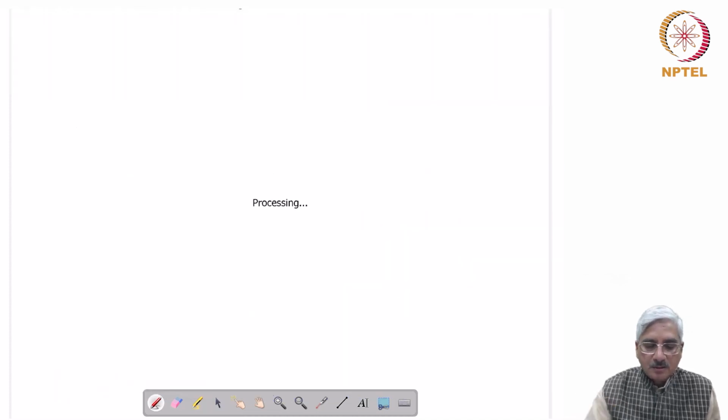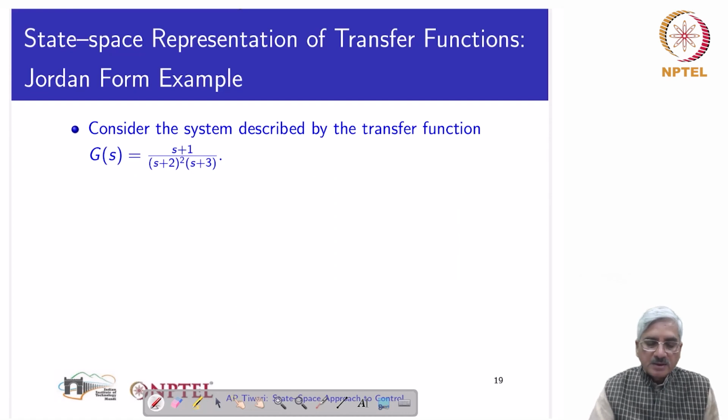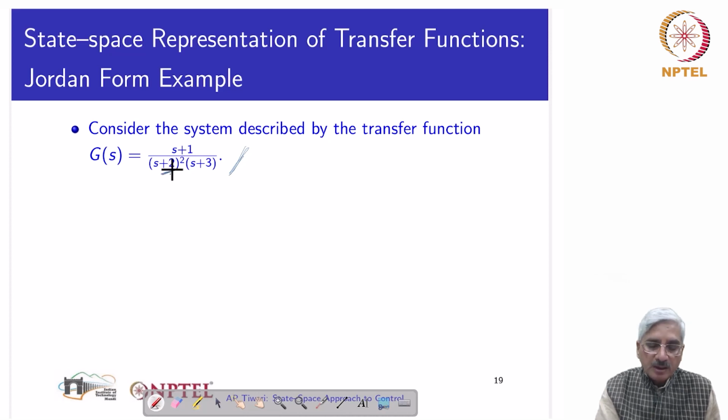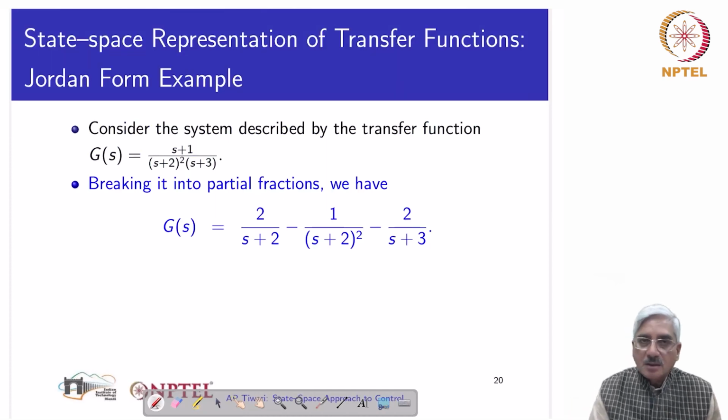We consider one example, which is this. G(s) is (s plus 1) by (s plus 2) square, (s plus 3). So there are two poles, one at minus 2 of repetition 2, multiplicity is 2, and one at minus 3. This system we want to represent in the Jordan form.